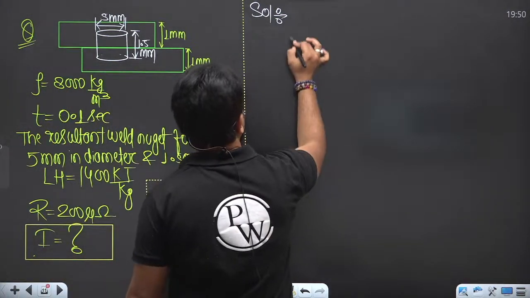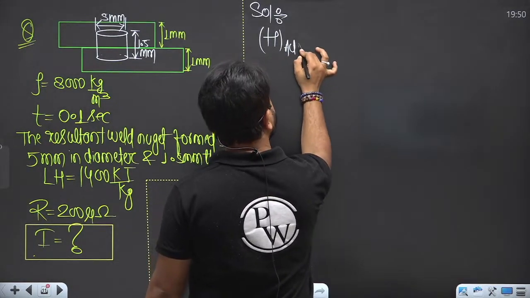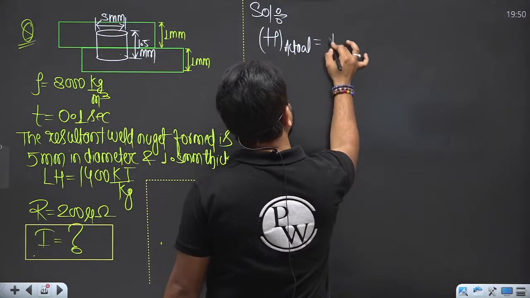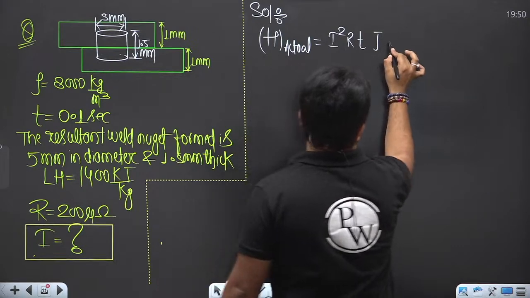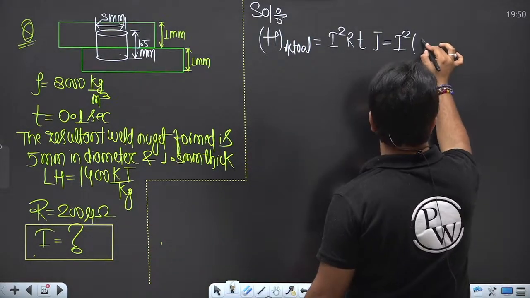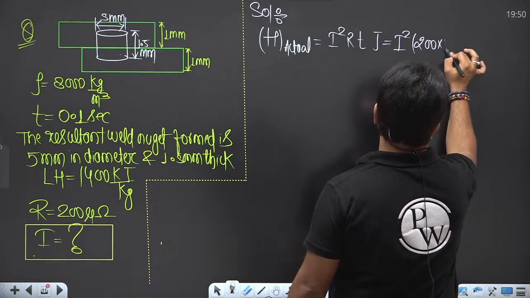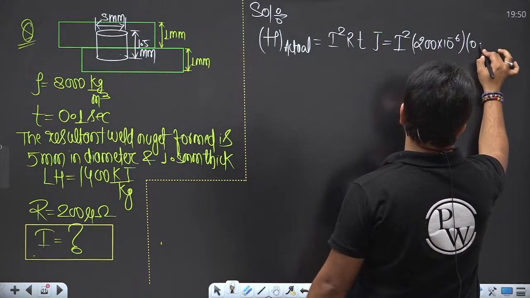First of all, find out the actual heat, that is I square R T. I is not given. R is 200 micro-ohm and the time is 0.1.